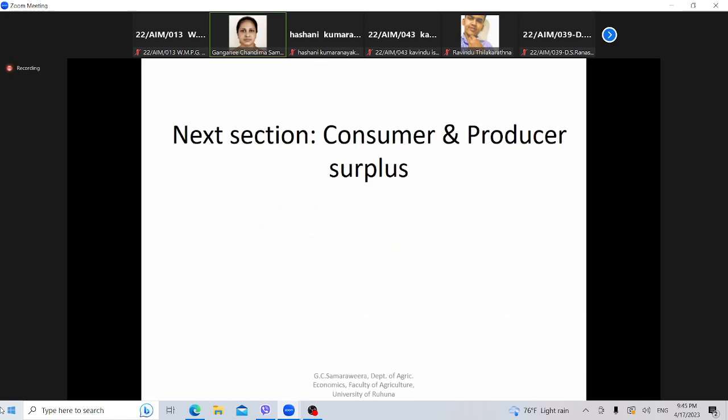Now I think it's difficult for you to understand all continuously, so consumer surplus and producer surplus we can start from next week onwards. Is it okay? Because many new points you understood today, all graphs and new words.